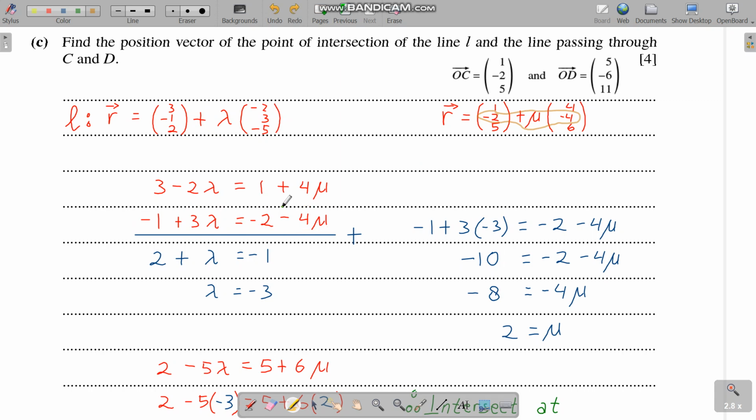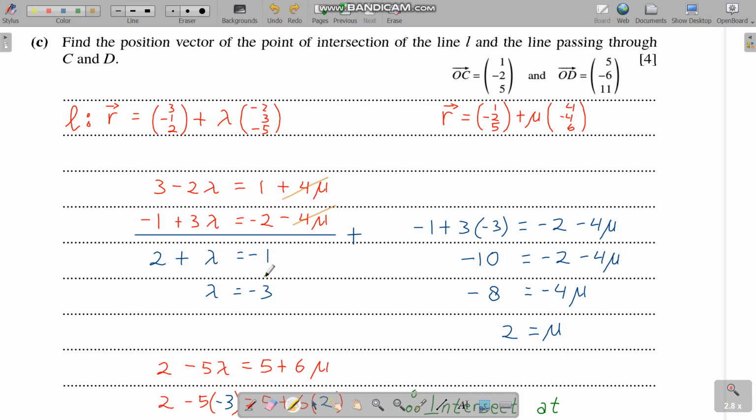So using the x and y components, we can find lambda and mu by substitution or elimination. Here we simply add, because we can cancel out here, and we get 3 plus minus 1 equals minus 2 plus 3 lambda... 1 minus 2 is minus 1, which means lambda is minus 3.